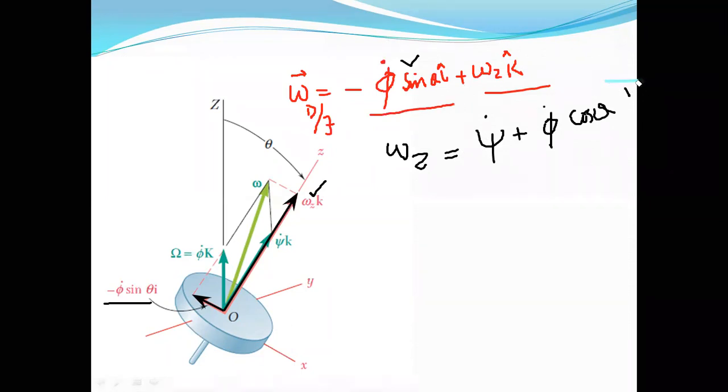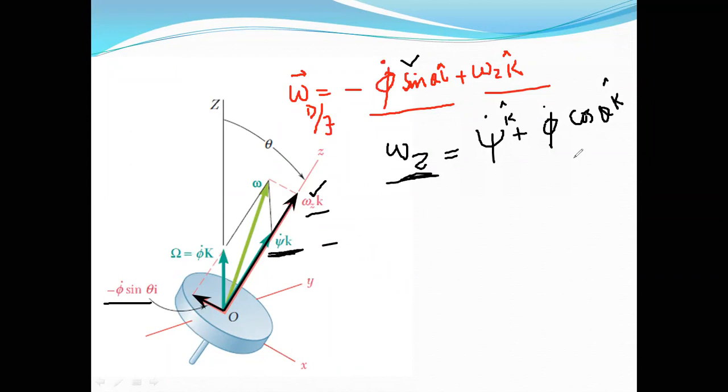So the omega z that we are calling is actually psi dot plus phi dot cos theta, and this is a k component. Omega z, which we are writing here along the z axis, has one component psi dot along k cap.